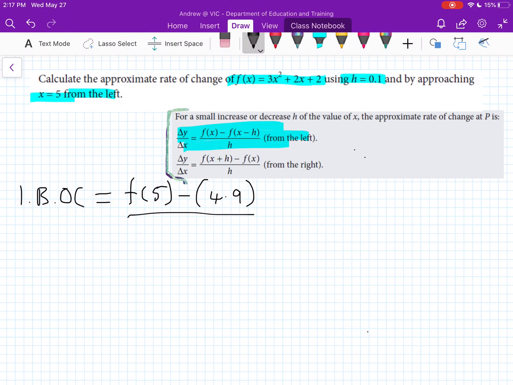And this is going to be over 0.1, our h value. So if we do this, this gives us an approximate answer of 31.7. And this is the rate of change when approaching from the left.